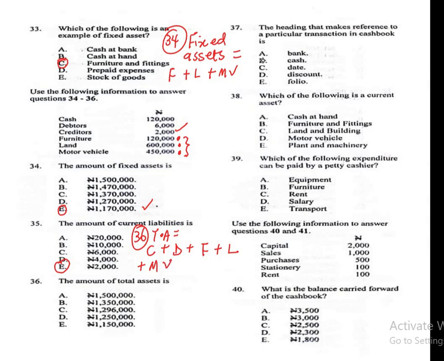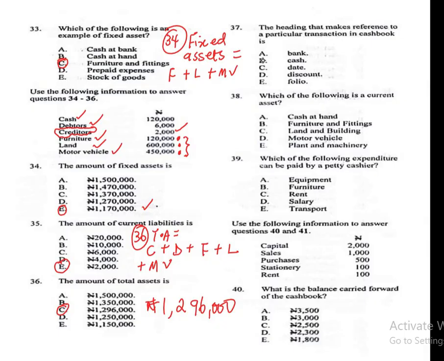All you need to do is add up cash plus debtors plus furniture plus land plus motor vehicle. It is only the creditors you won't add, because the creditor is the amount of current liabilities, so you won't add it. Add up the others, it will give you the amount of total assets, which will be 1,296,000, which is option C.